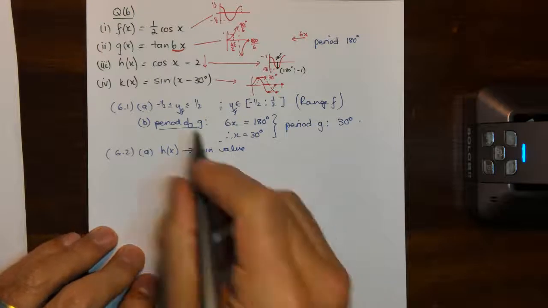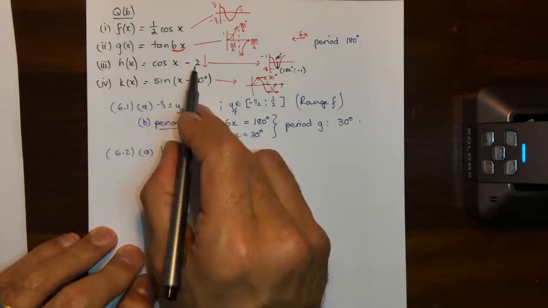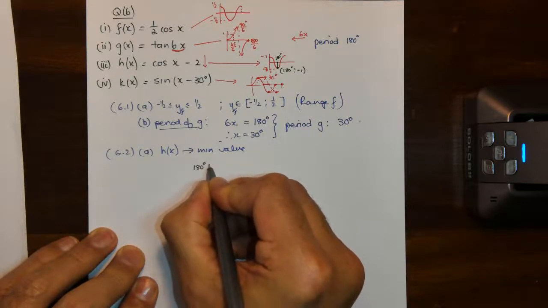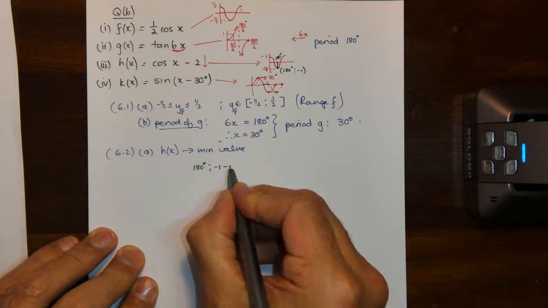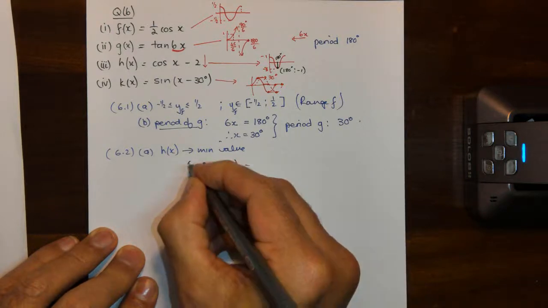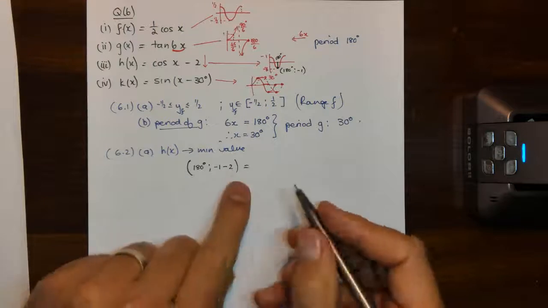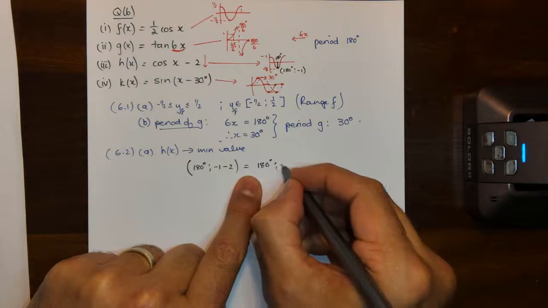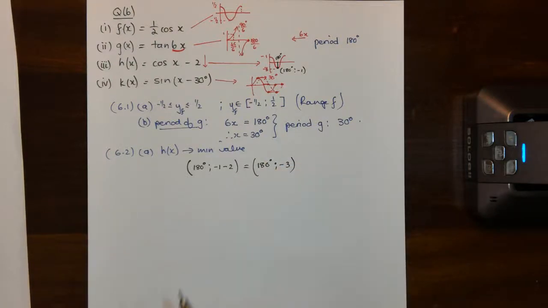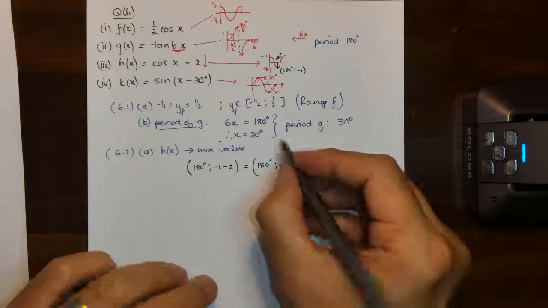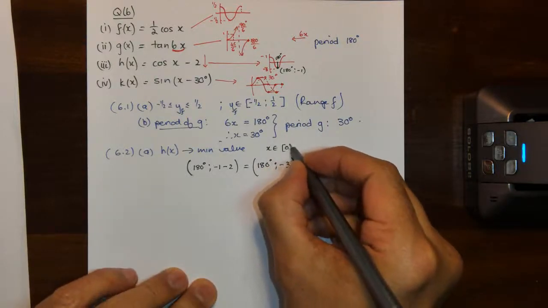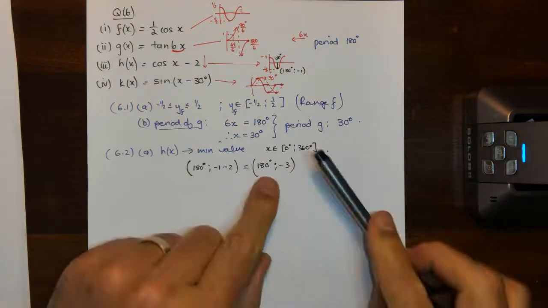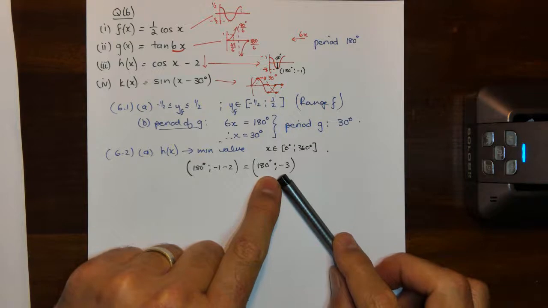So the minimum value for the transformed function will be at 180 degrees and minus 1 minus a translation further downwards of 2 units in the y direction. So the minimum value happens at 180 and minus 3. They also said we're only interested in the interval 0 to 360, so they made it easy on us. We didn't have to put down a general solution here.